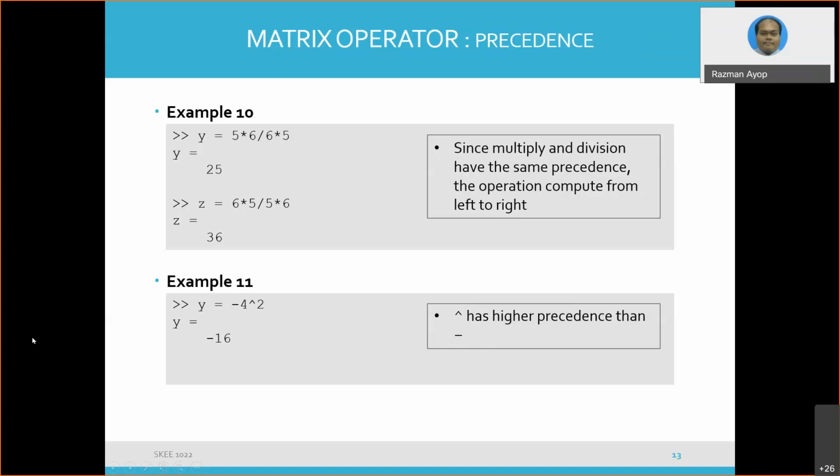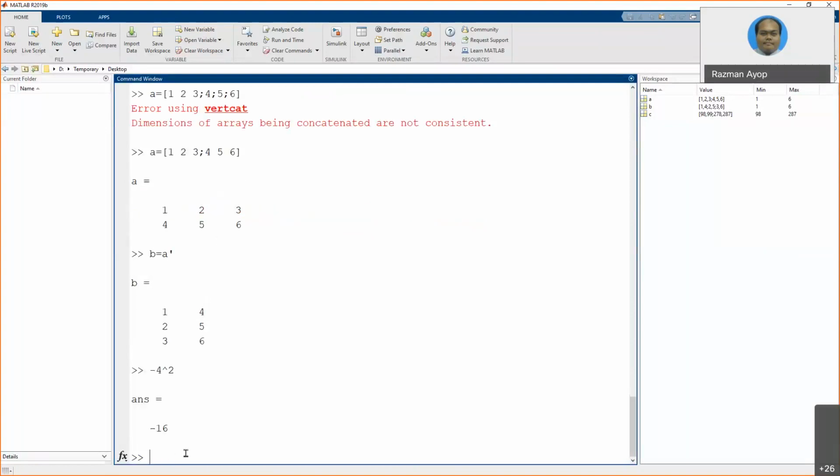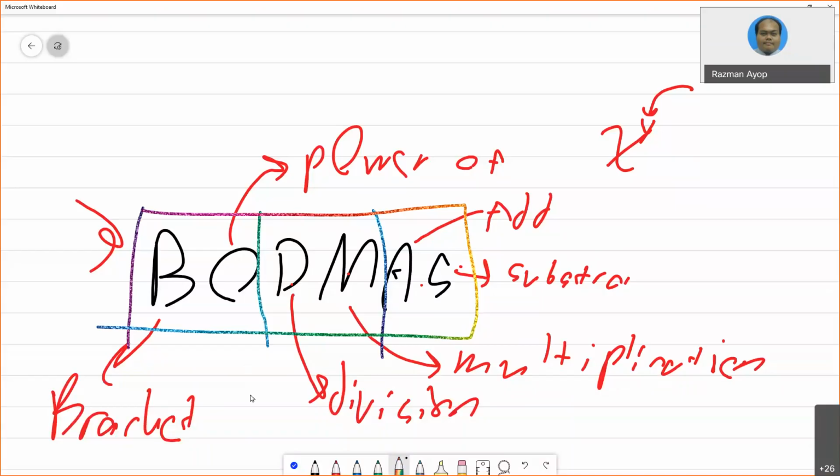Okay, let me show you. So negative 4 power of 2 is negative 16. But if you do the calculation normally, so you get negative 4 power of 2.